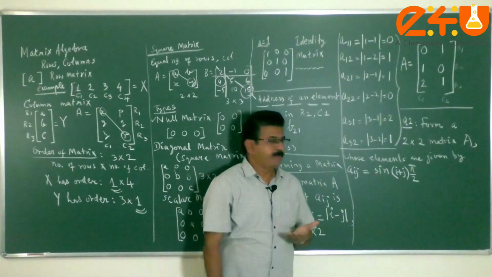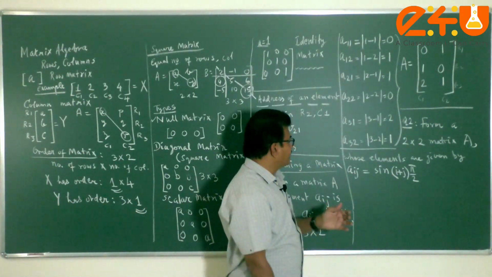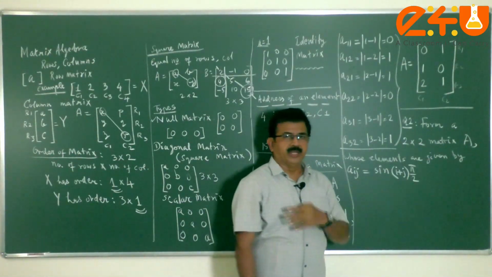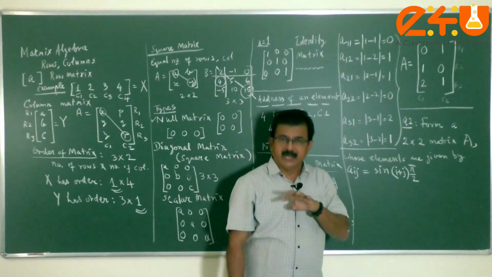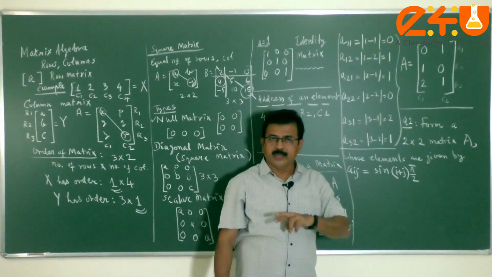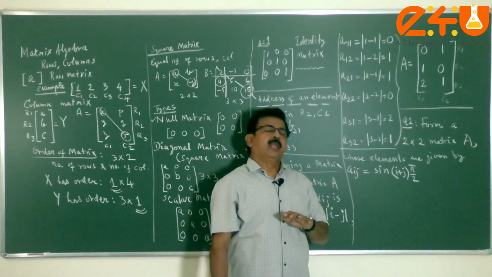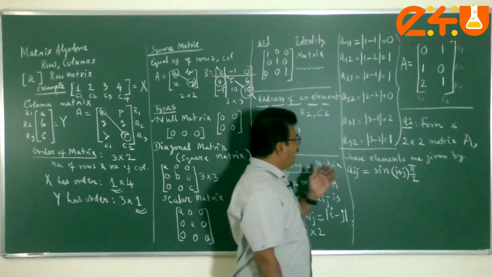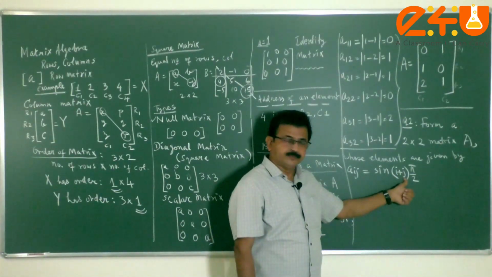Ready? Get ready. In your mind, prepare yourself to do 2 into 2, totally 4 elements. Prepare in your mind the relevant addresses, which are A11, A12, A21 and A22, nothing more. And not only that, when you say A11, you are going to put 1 and 1 here.